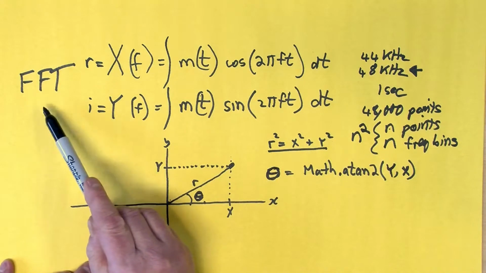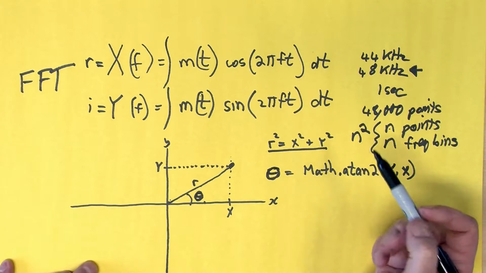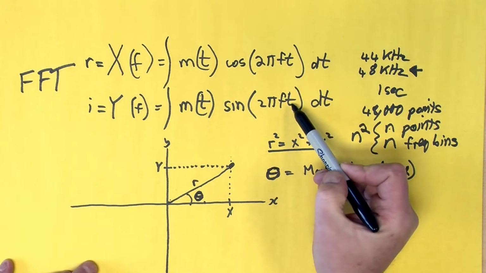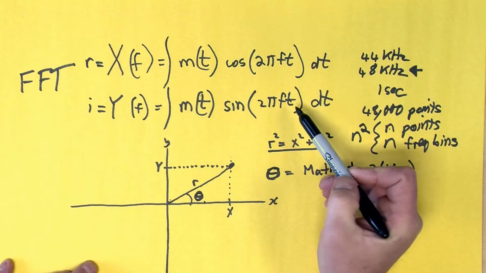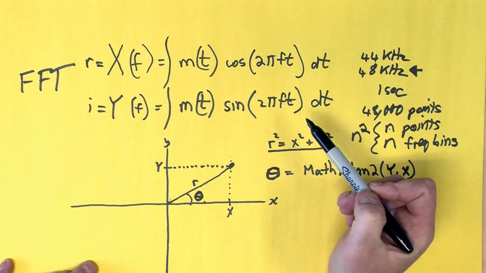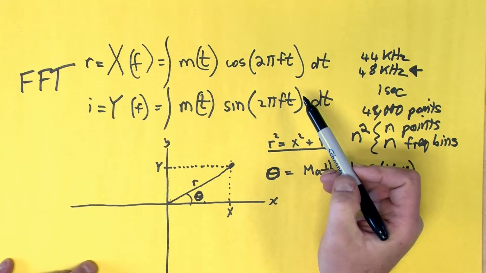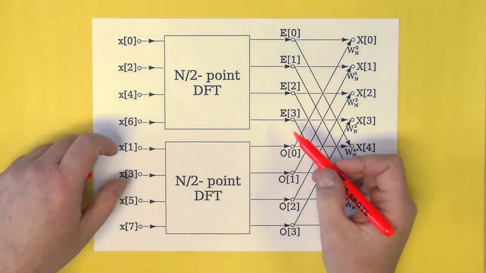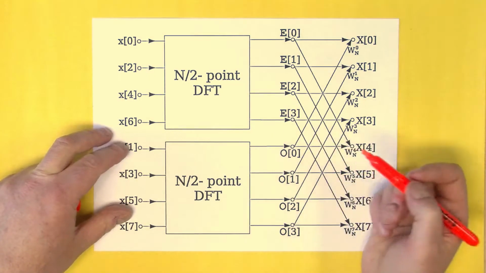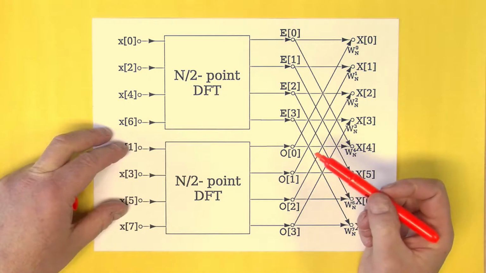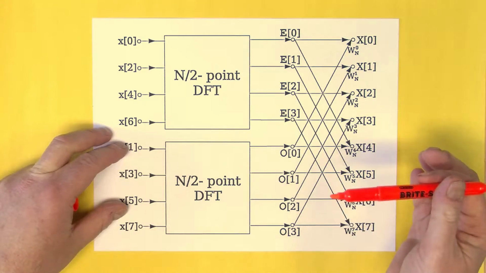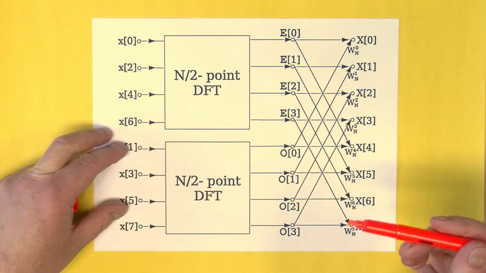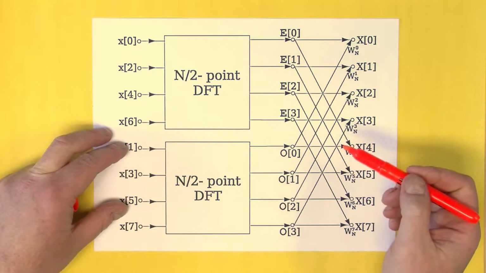So with all of that said, I want to give you a rough idea how the fast Fourier transform over here can get around this problem of having to do n frequencies and n samples. In other words, do n squared calculations and make that into something much less computationally intensive. So I took this printout from the Wikipedia page on FFTs, and what it does is shows the fundamental way FFTs reduce the amount of computation needed.